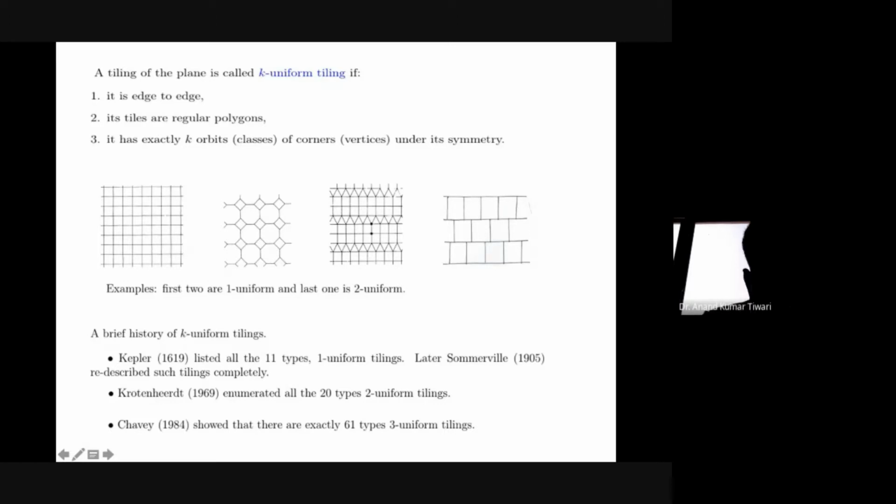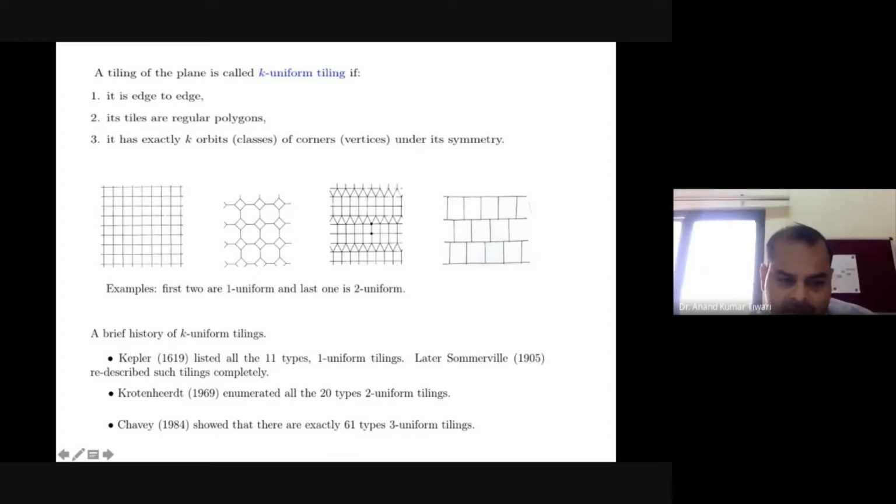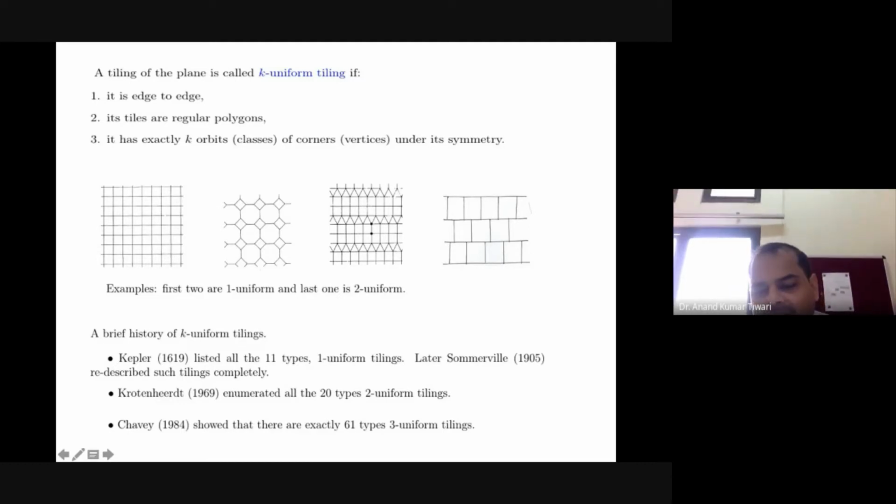Such tilings were initiated during the Greek period. It was Kepler in 1619 who described 11 types of one-uniform tilings. However, his work was not that much encouraged.